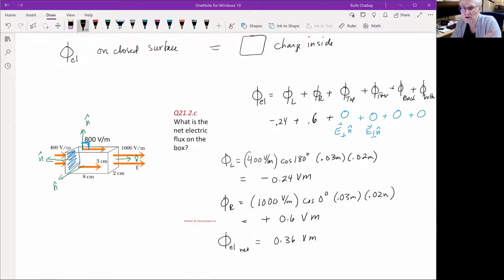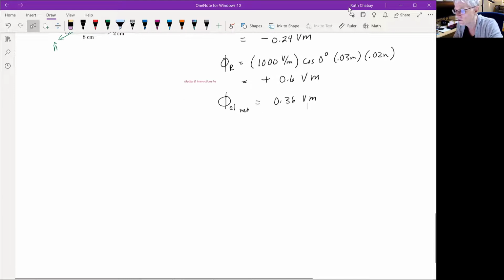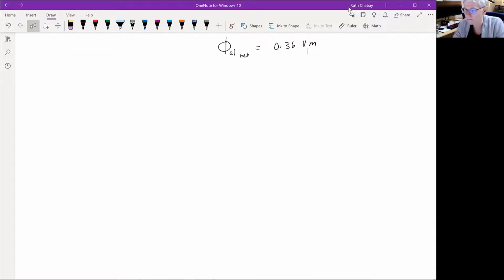So we know how to add up flux on a closed surface, but now what we need to do is figure out how that's related to the amount of charge inside. So here's what Gauss's law says. It says that the sum over a closed surface, and what does a closed surface mean? It means something that has an interior and an exterior, right?